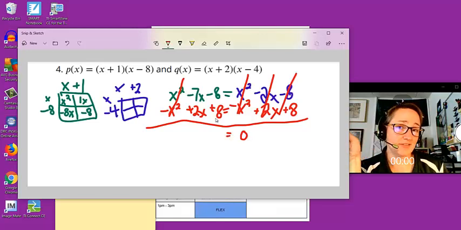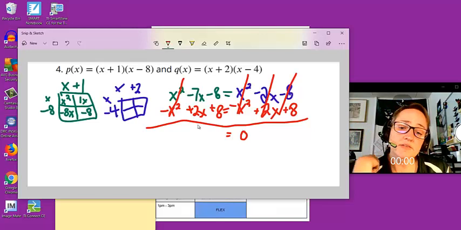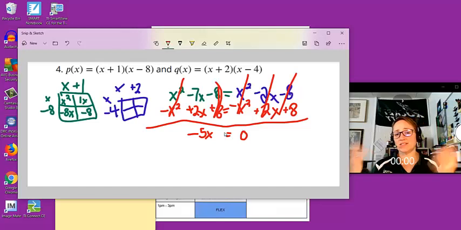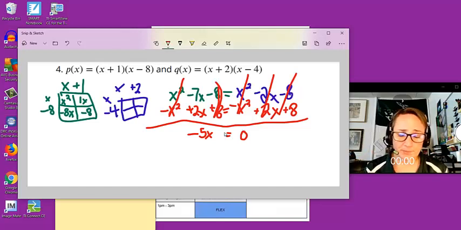On the left hand side though, I have negative 7x's and I'm adding 2 x's to it. I have negative 5 x's going on here. And I have a negative 8 and I'm adding 8 to it. That winds up as a 0 as well. These two are going to cancel out. So all I have is a negative 5x equals 0.